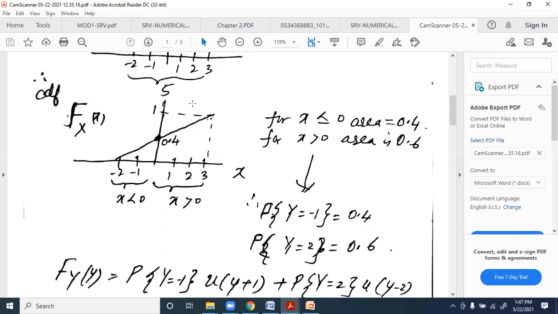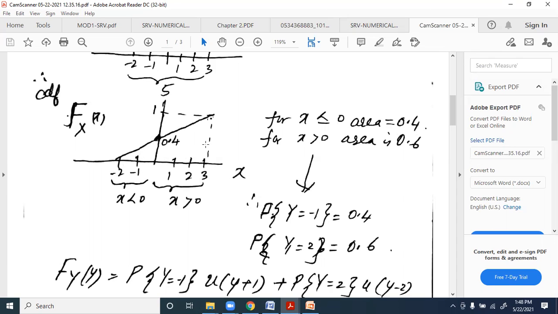The area here is nothing but the difference, 1 minus 0.4, which gives 0.6. Or otherwise, you can use half of the base, which is 3, so 3 by 2 into (h1 plus h2), where h1 is 0.4 and h2 is 1. So 1.4 into 3 by 2 gives the value 0.6.